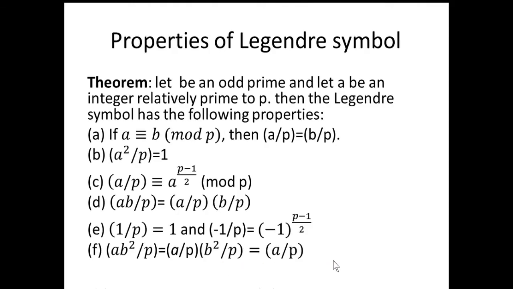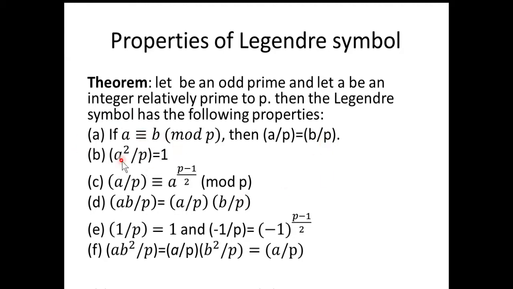Next, we have these properties of Legendre symbol. If you have a prime p, and a and b are integers, then these are the properties. If a is congruent to b mod p, then a upon p is equal to b upon p. The symbols have the same value if these two numbers are congruent.